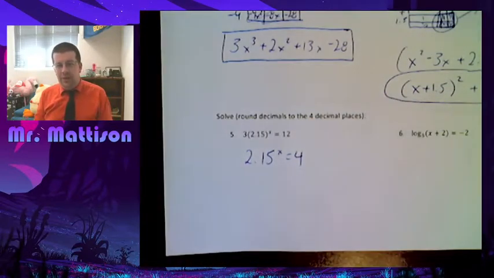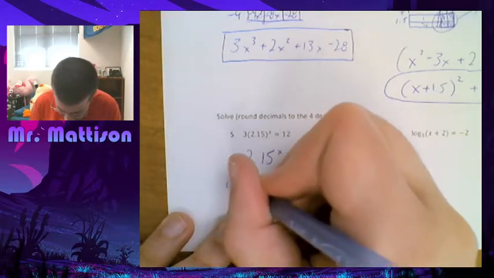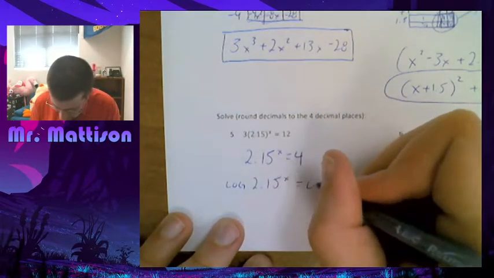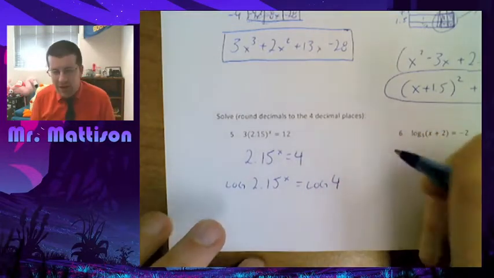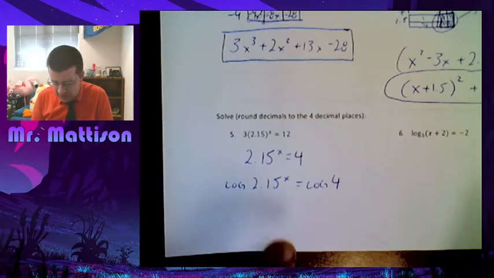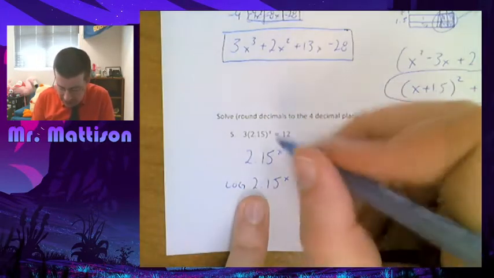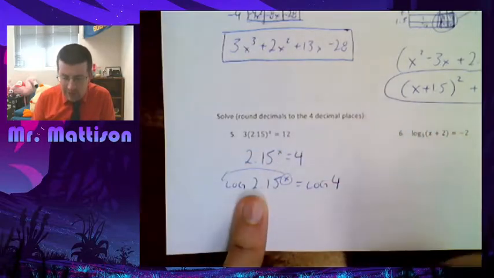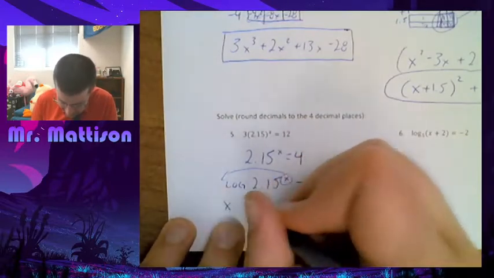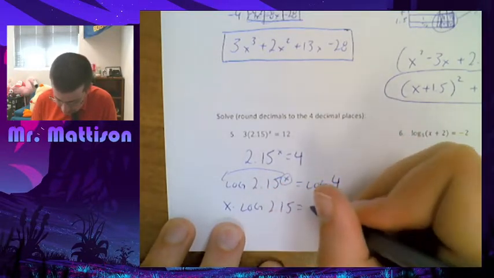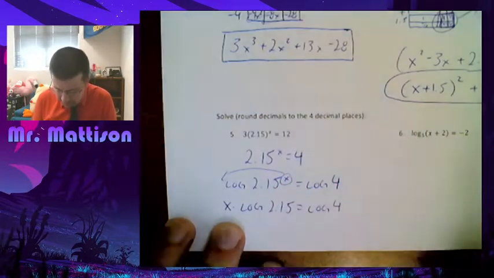Right, so once we're here, now we have to do that take a log of both sides trick. So I can take log of 2.15 to the x equals log of 4, because I can do whatever I want algebraically so long as I do it to both sides of the equation. Now why I do this is that property about logs, where I take the power and throw it out front. So now I have x times the log of 2.15 equals the log of 4.